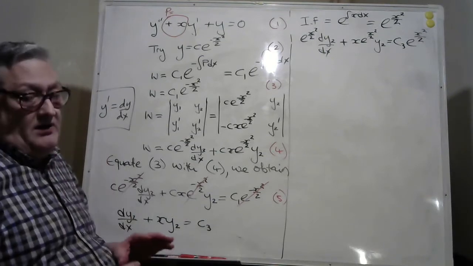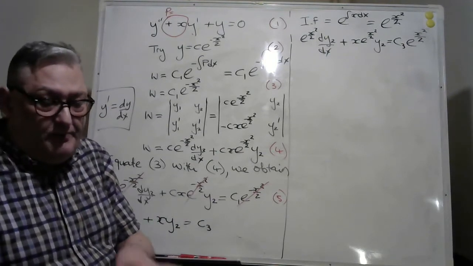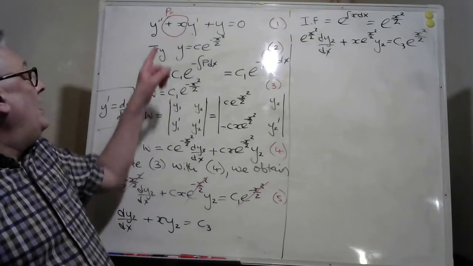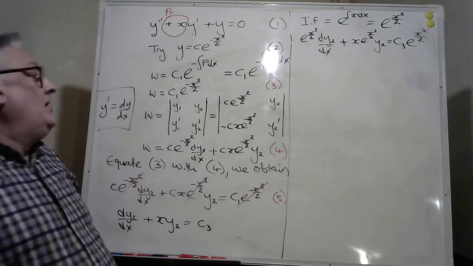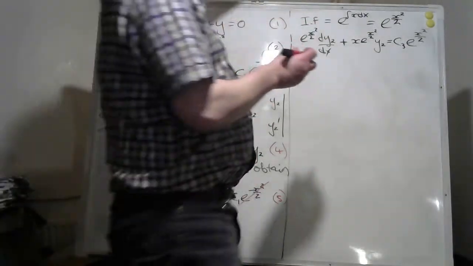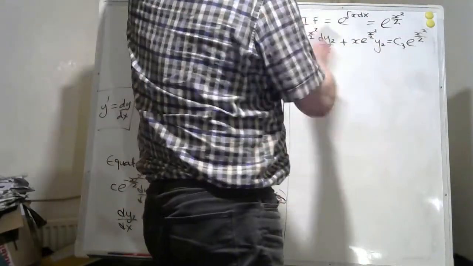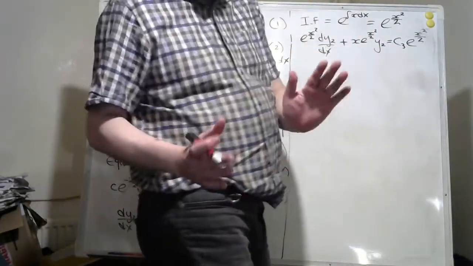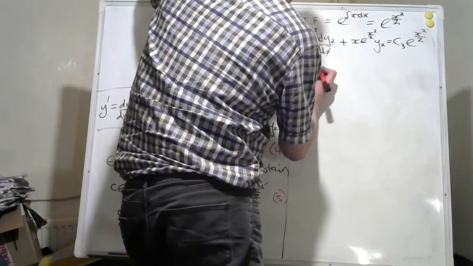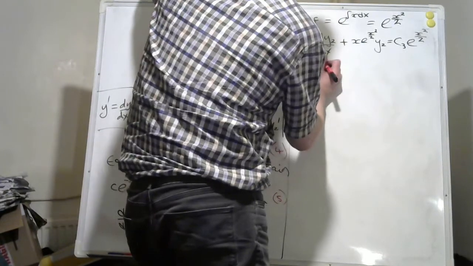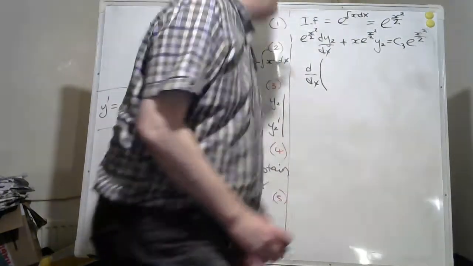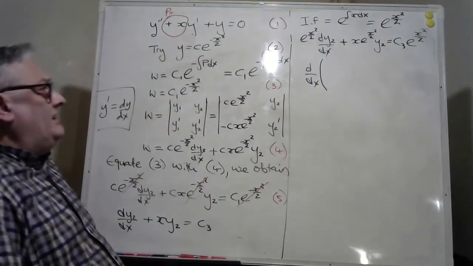As you might recall from the previous video, where that was minus instead of plus as it is here, we can easily write this in a more compact form. So we've got d by dx of something. And I'll explain this a little better than perhaps I did last time.